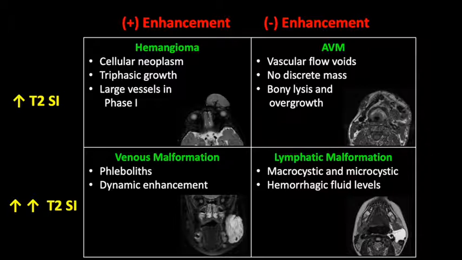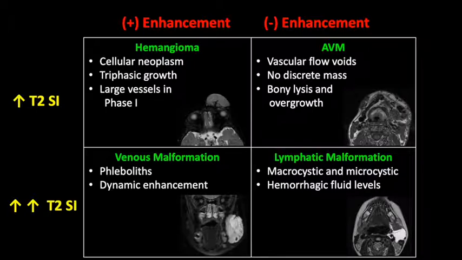We saw how venous malformations give you very bright T2 signal because they are not very cellular. They're essentially sacs of malformed veins. Because of that, enhancement also tends to be patchy and dynamic. We will also very often see little phleboliths within them, and that really can help cement the diagnosis.